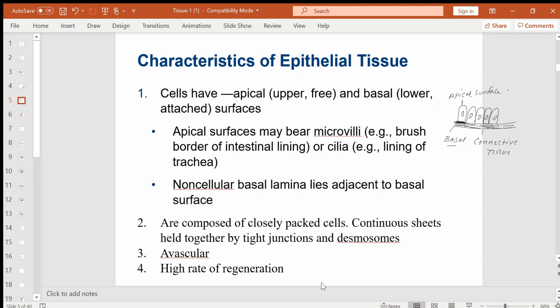In many cases we see the free apical surface has hair-like structures that I mentioned in the last slide. If you see, these hairs are kind of hard, like a brush border. These hairs are called microvilli.